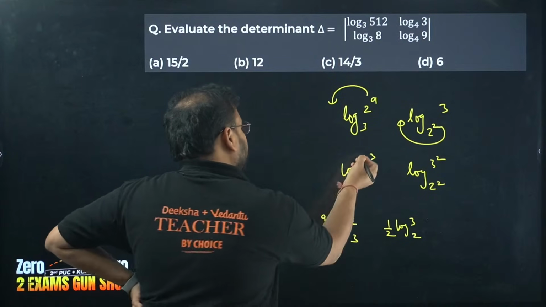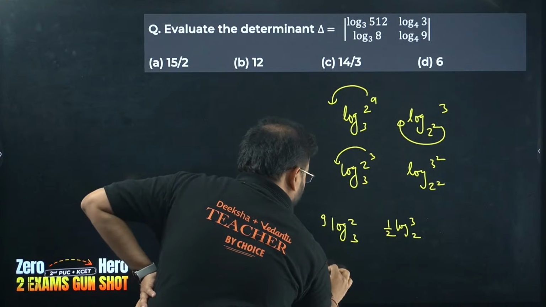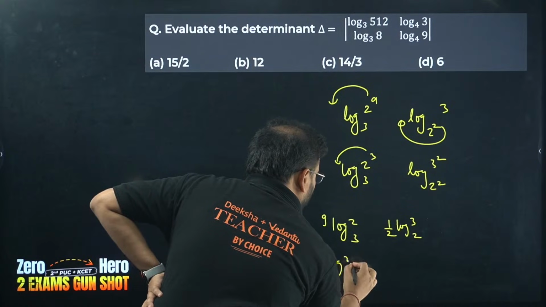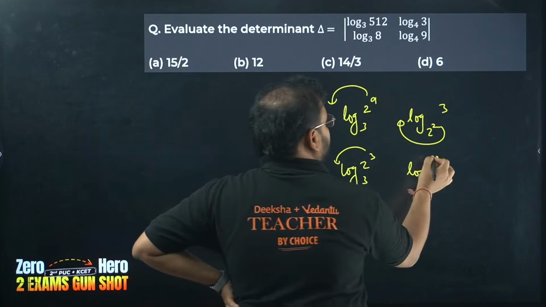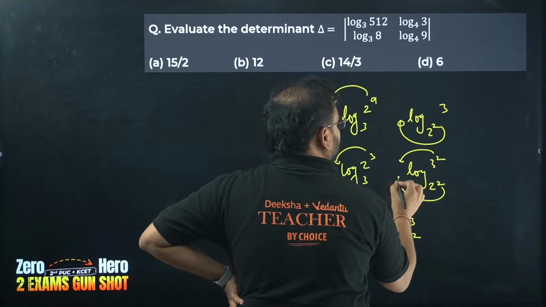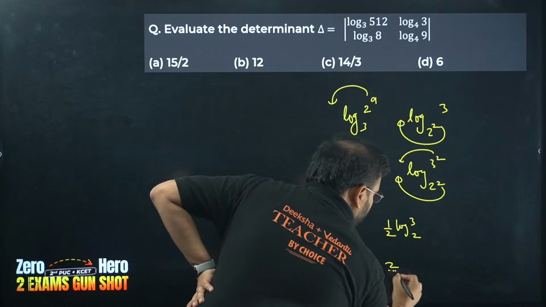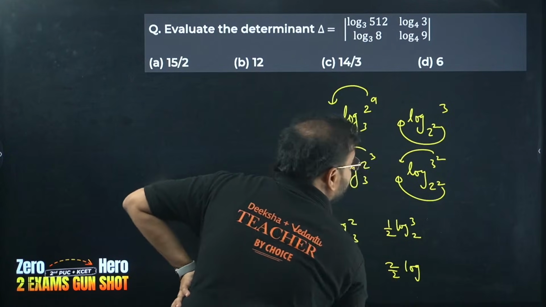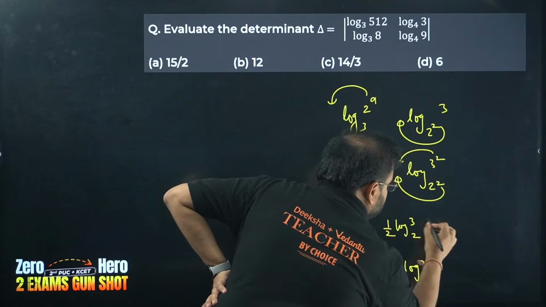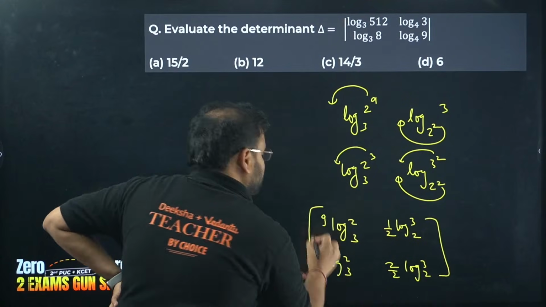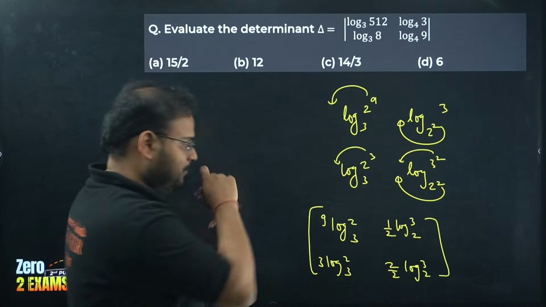In the same fashion, 3 will come over here, so I get 3 log of 2 with the base 3, and over here we get both 2 and this 2 also, so I get 2 upon 2 log of 3 with the base 2. This is your required matrix, now of the order 2 cross 2.